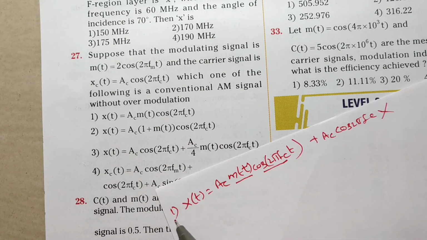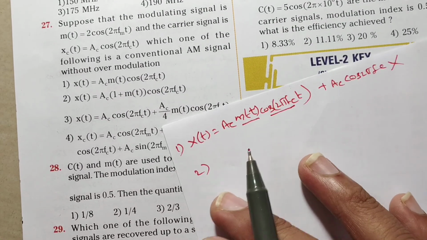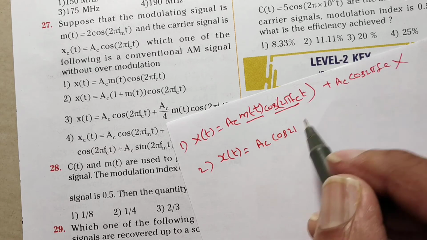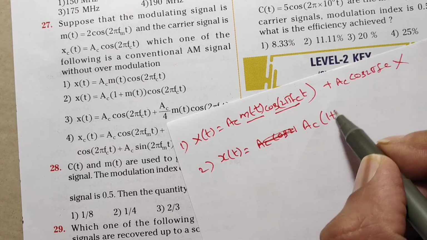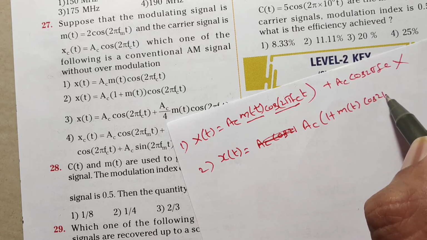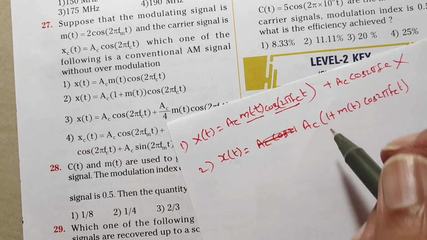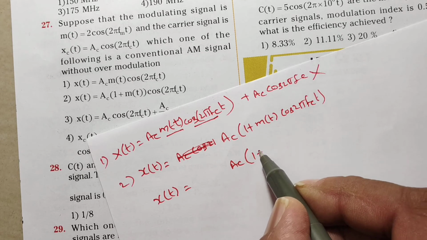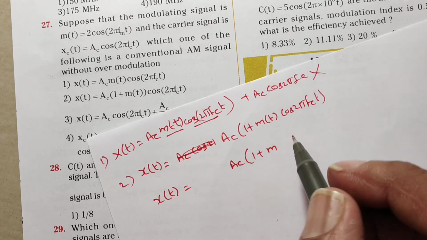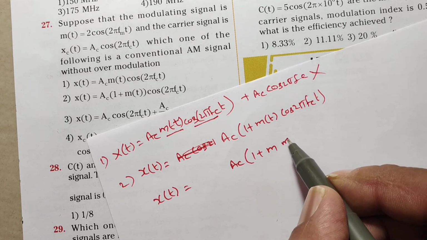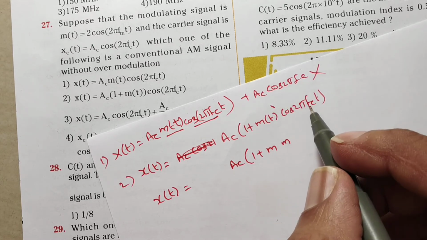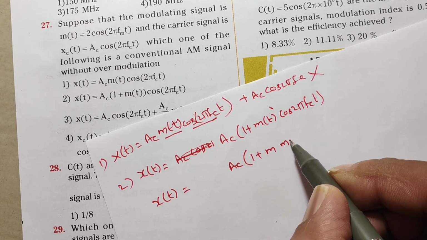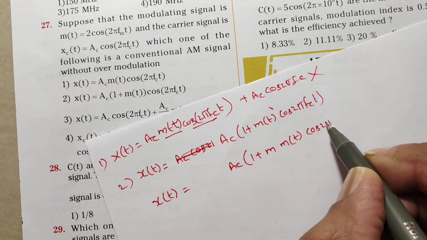And look at the second option. They have given x of t equal to AC into 1 plus m of t, cos 2 pi fct. Now we compare this equation with the standard equation, x of t equal to AC into 1 plus modulation index m into m of t, cos 2 pi fct.